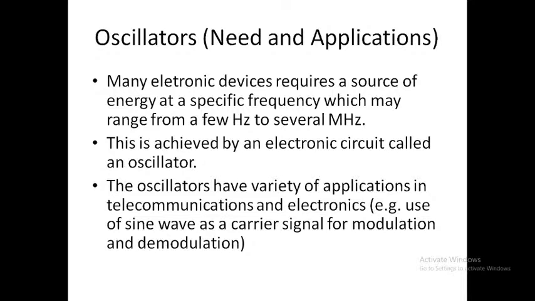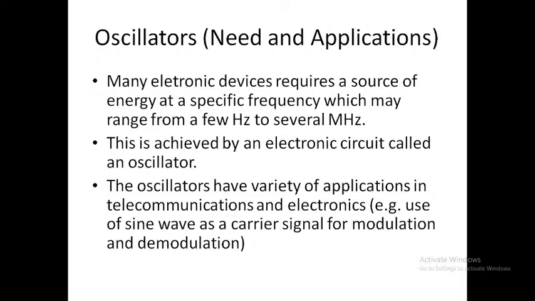For electronic needs or devices, you will require sinusoidal or periodic signals of different frequencies. So for that, you have to create a certain device that generates different signals of different frequencies.